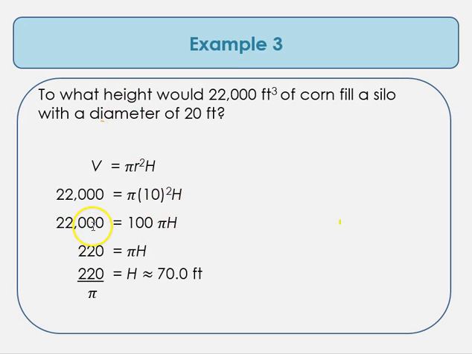If we expand, we have 22,000 equals 100 pi height. 22,000 divided by 100 will be 220 equals pi height. And to solve for h, we'll divide by pi on both sides. And 220 divided by pi is approximately 70 feet. Now this won't be cubed or squared because it's one of the pieces of the formula.